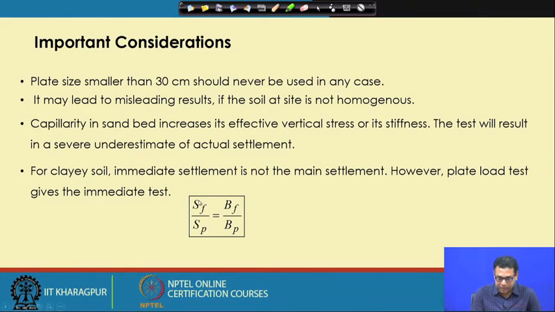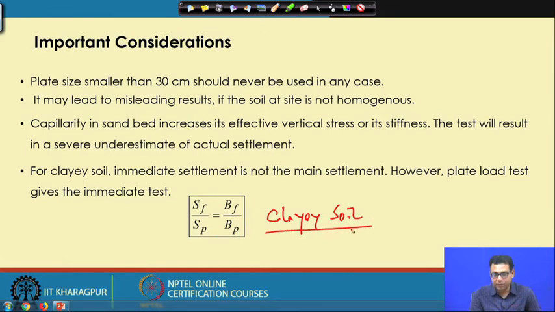These expressions are valid for clay soil. This is the settlement of the footing, this is the settlement of the plate, and this is the width of the footing and the width of the plate. This is applicable for clay soil, though it will give you the immediate settlement.